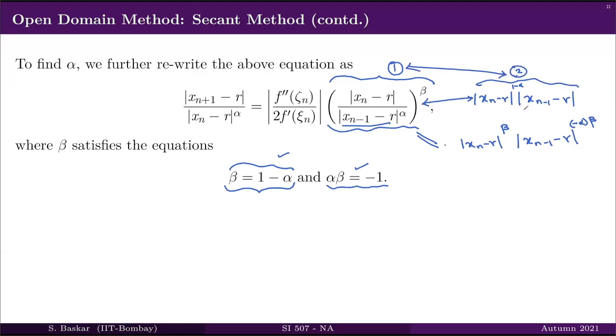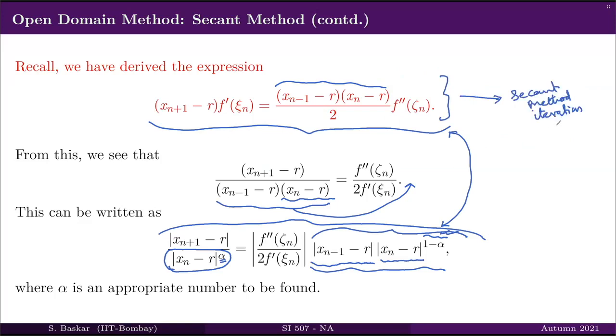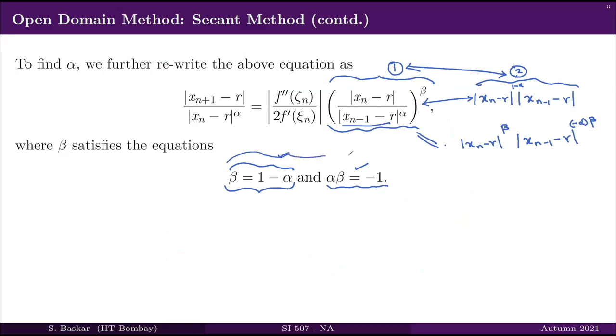And this expression is precisely what we have here, which is coming from our basic expression derived as the first step of our method. Remember, this expression is directly coming from the secant method iteration formula. Therefore, these parameters are chosen to match the formula of the secant method.